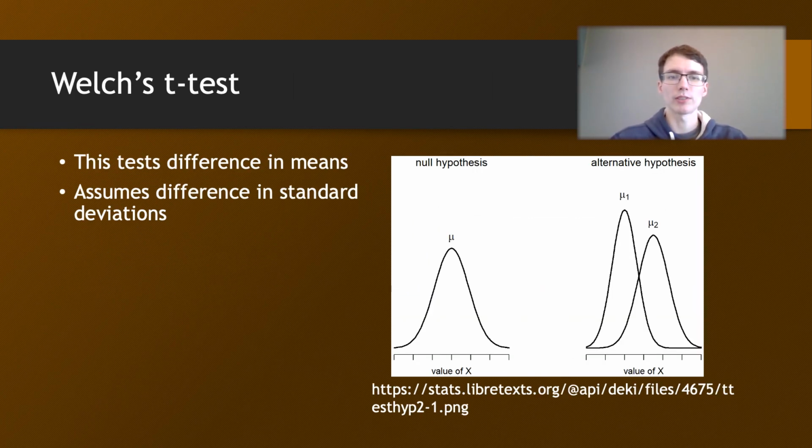Welch's t-test is a way of testing for differences in means. It is the most direct way that many intro stats and even just regular differences in means are implied. This is different from the student's t-test in the fact that we assume that the standard deviations, and thereby their variances, are different. By doing this, we make our hypothesis test, which is illustrated here on the right. Our null hypothesis, or our basis, is showing that there is no difference.